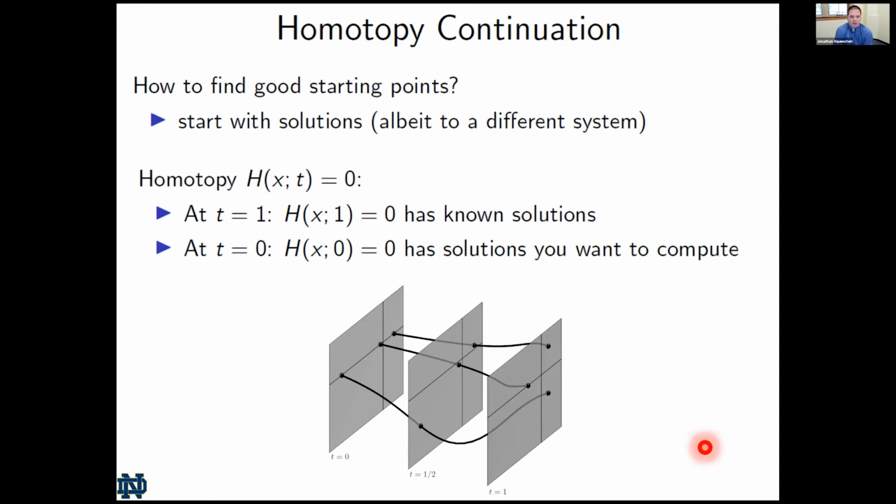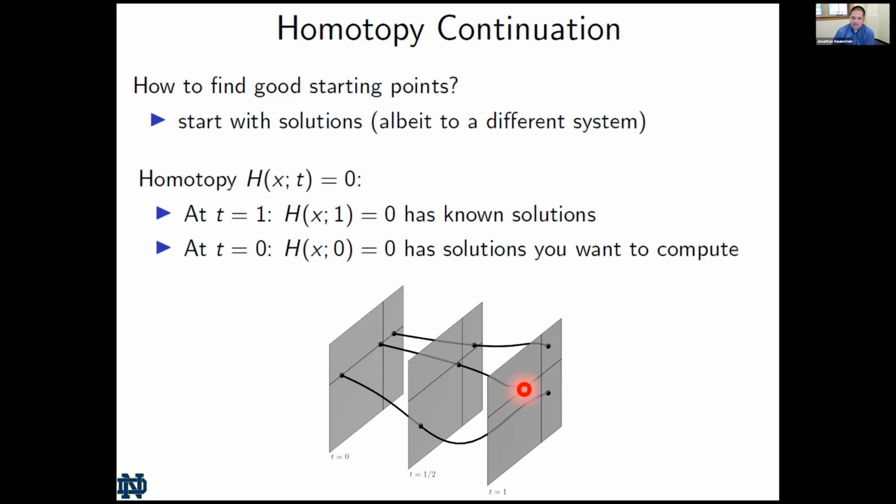If you want to know what the solutions to a system are, well, construct a system with known solutions. That's the whole idea of homotopy continuation: change the problem into something easier that has known solutions, and then deform the family back to where you want to go.